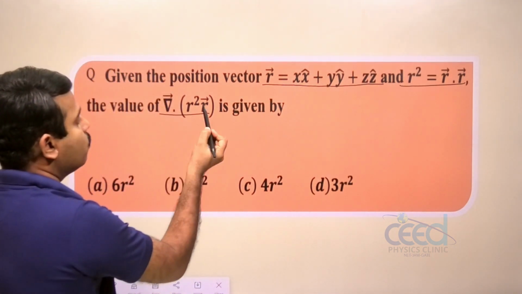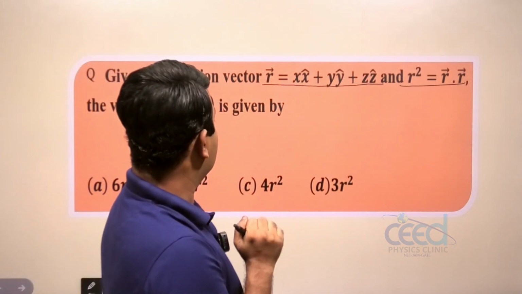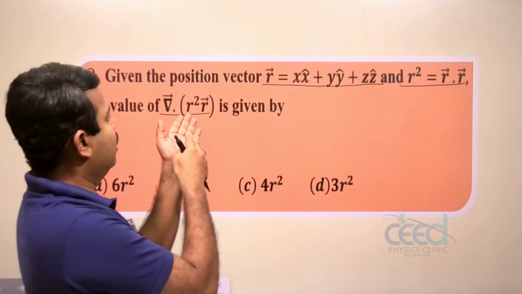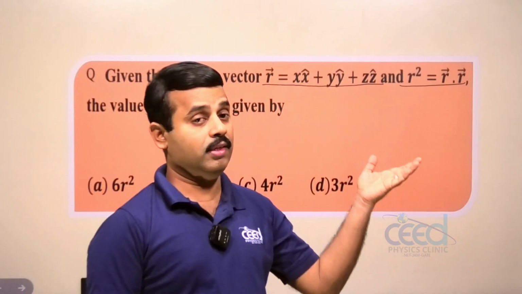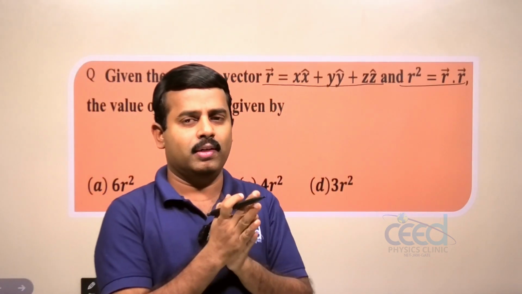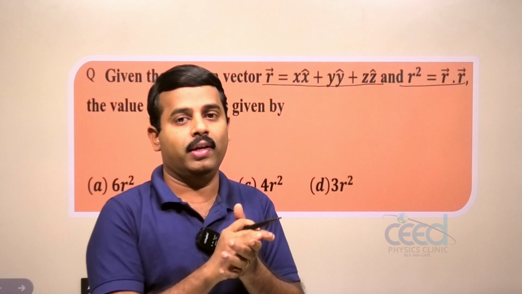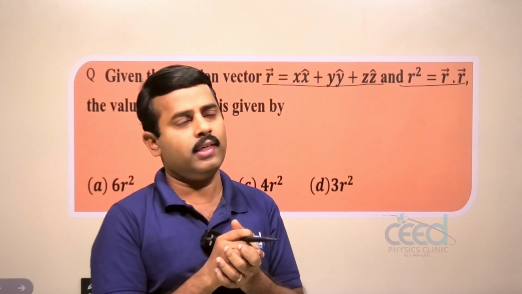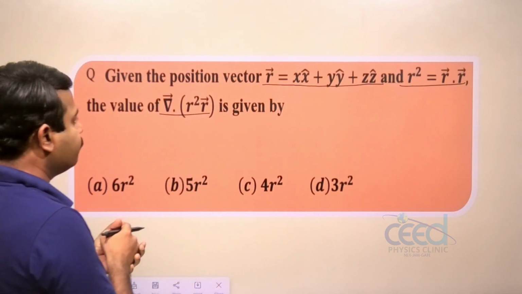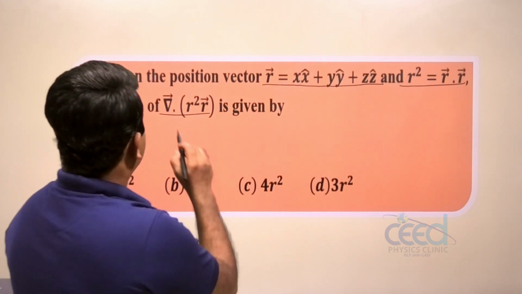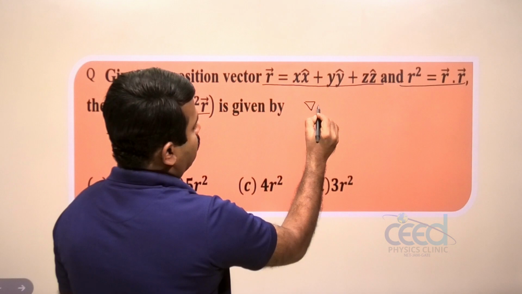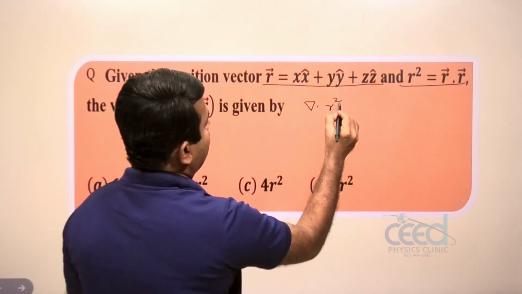Then the divergence of this function. If you calculate r square by converting into Cartesian x, y, z, then it is very complicated. But using polar coordinates you can easily do it. How do we do it? Suppose here the divergence of r square r vector.